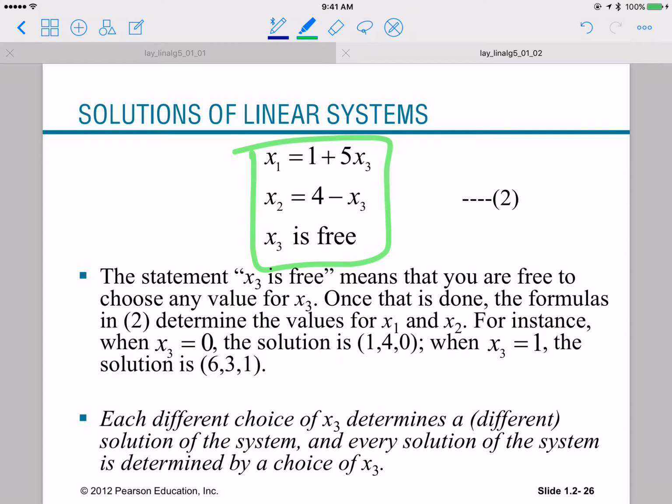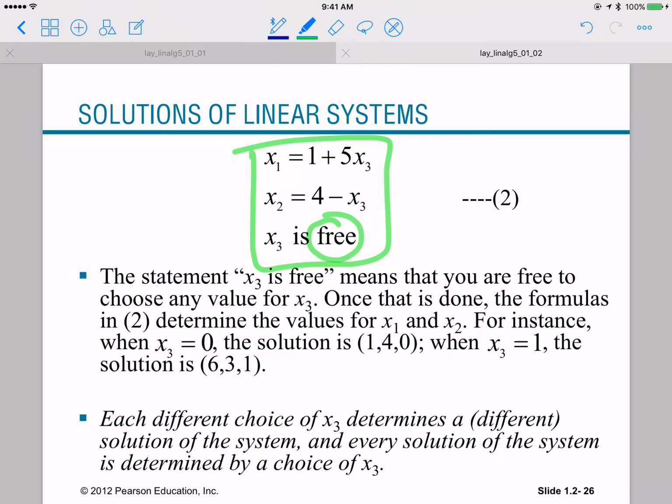So that will be included in our solution set. And in this case, since you have a free variable, the number of solutions is infinitely many, right?